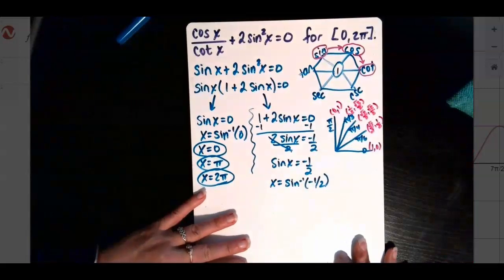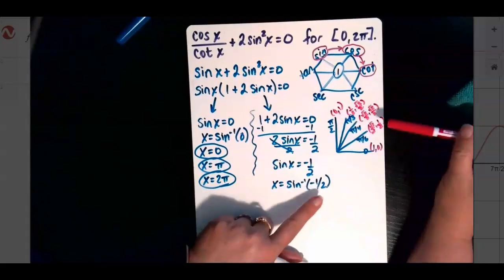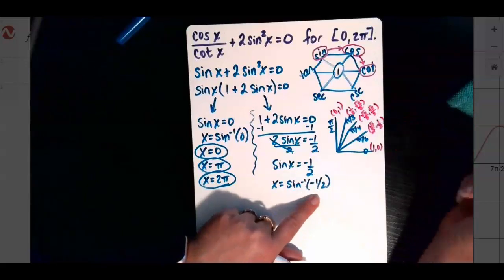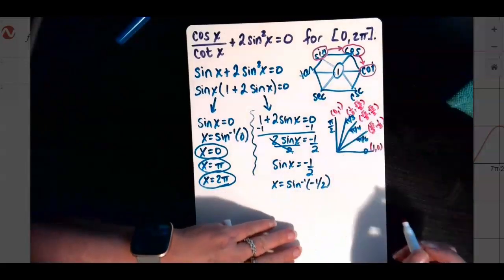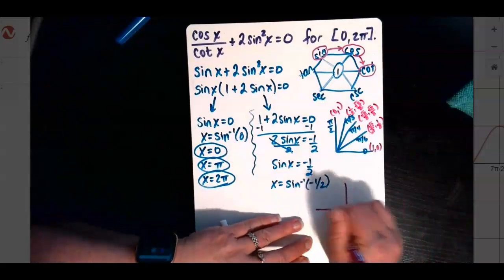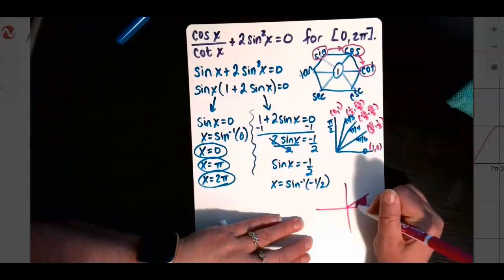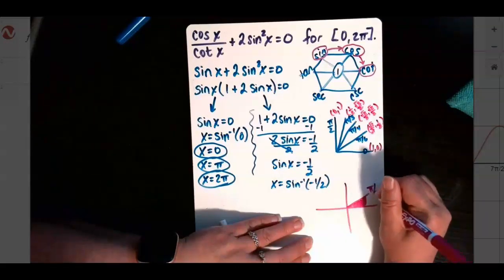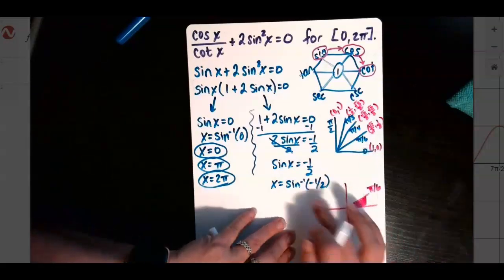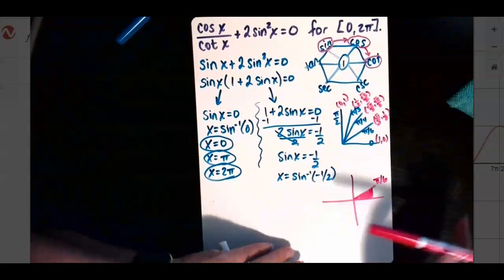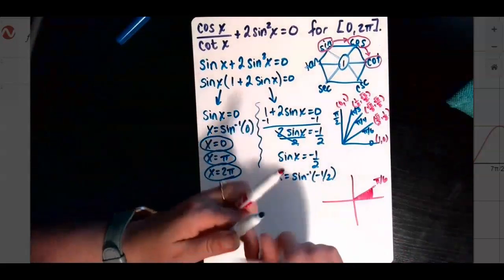So that's our first quadrant, and we can see that the sine, the y value here at pi over 6 is 1/2. So pi over 6 is going to be the reference angle from quadrant 1. That reference angle is not one of the solutions, right? It can't be a solution because sine is positive in quadrant 1, but it's the reference that we're going to use to find the solutions.